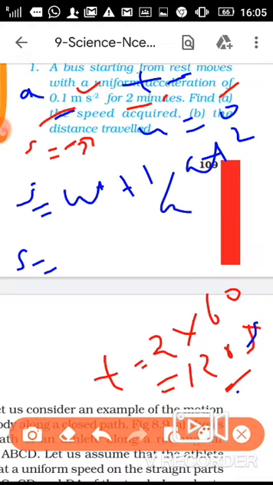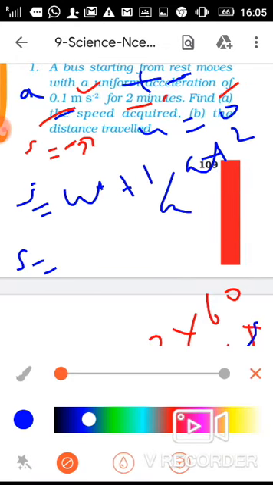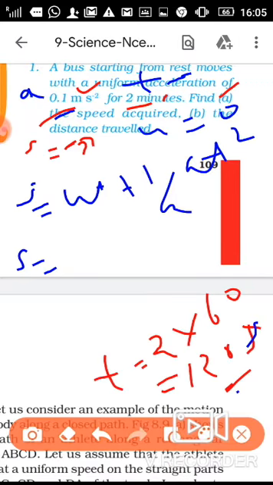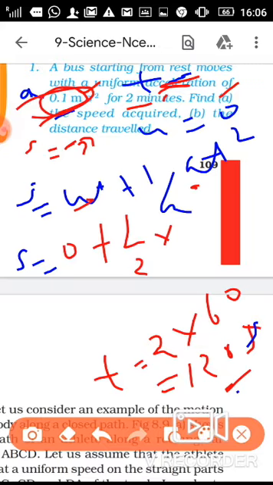What is u? The object is at rest, so u is 0. Means 0 into t becomes 0. Then plus half, a is 0.1, into t square, means 120 into 120. Solve it and you will get the answer.